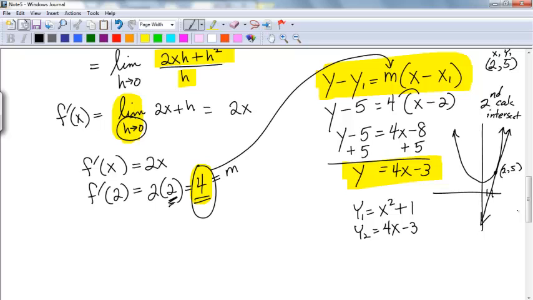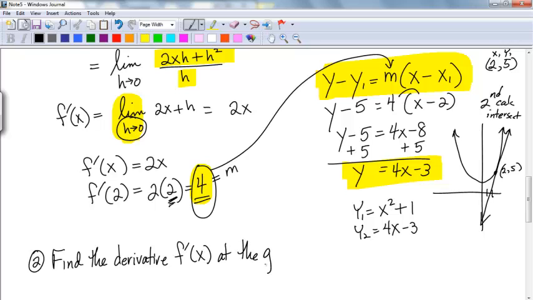Okay, same directions. Put this for example 2. Find the derivative, f prime of x at the given x value.